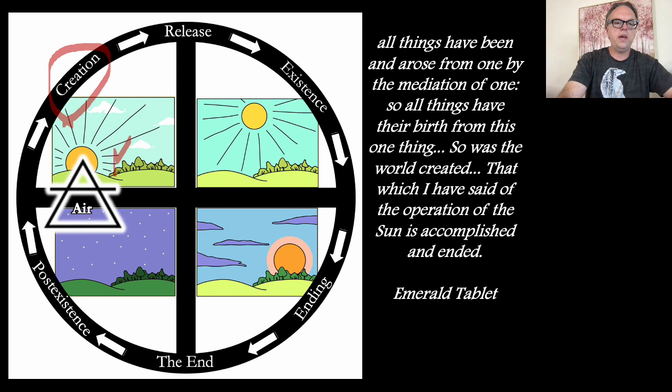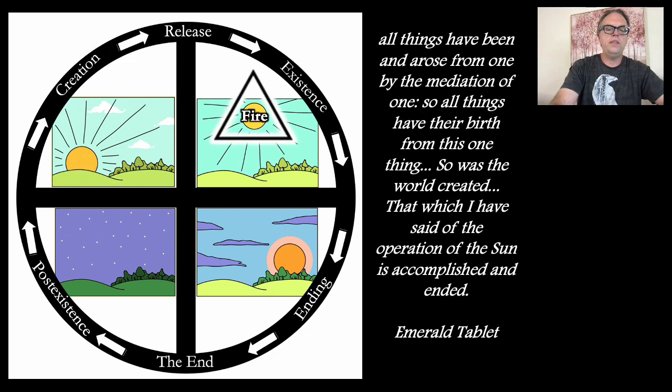This is the element of air because it's the sun rising. All right, then we have the element of fire. There's no line in the triangle, and that's because the sun is free in the sky. It's by itself, and it's pointing up. It's the daytime. So this is the force of the existence of the sun.